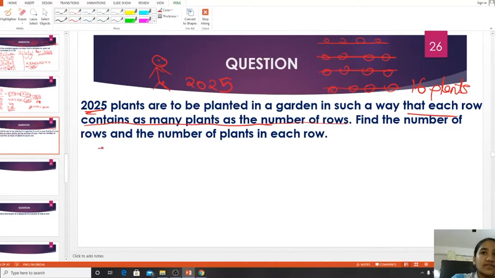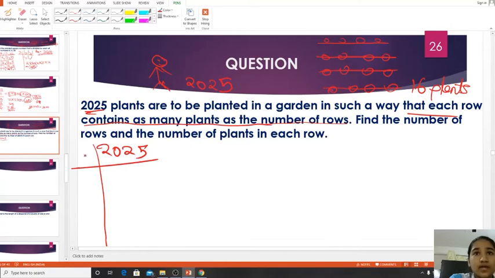So let's find 2025 using the prime factorization method. Can we go with 2? No, that's not the thing. We can go with 3, right? Take the divisibility rule.